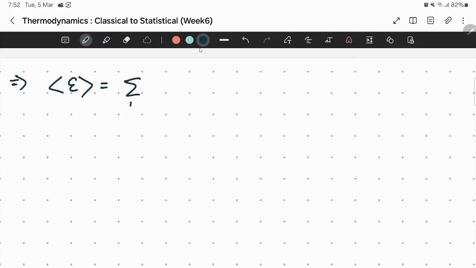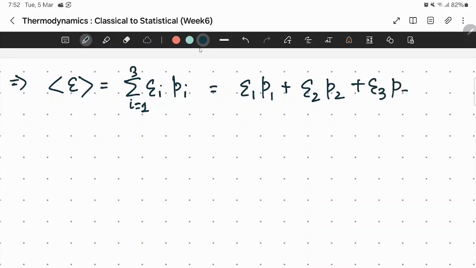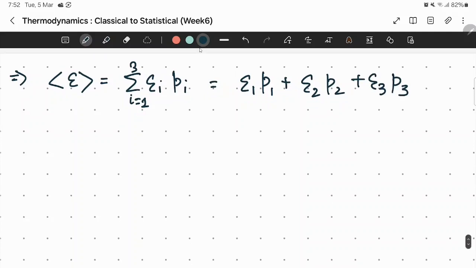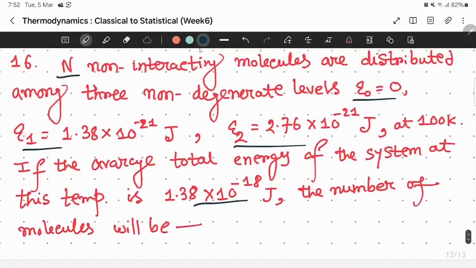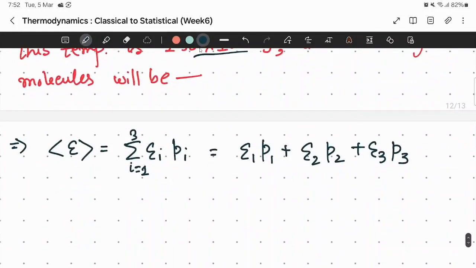You can write it as the sum of epsilon i p i, i equals 1 to 3, which is epsilon 1 p1 plus epsilon 2 p2 plus epsilon 3 p3. This is given, and epsilon 0 is 0.